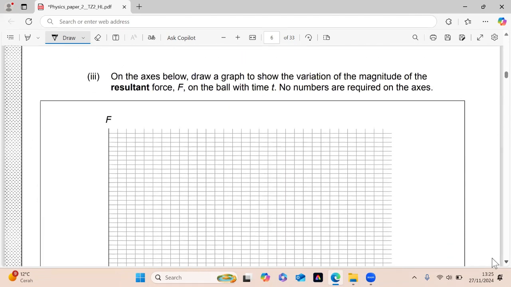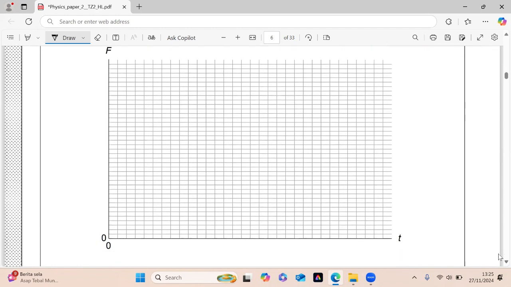On the axis below, draw a graph to show the variation of the magnitude of the resultant force on the ball with time t. No numbers are required on the axis. There's no number, we just create our graph, right? But I will explain three things regarding how we are going to sketch this graph.